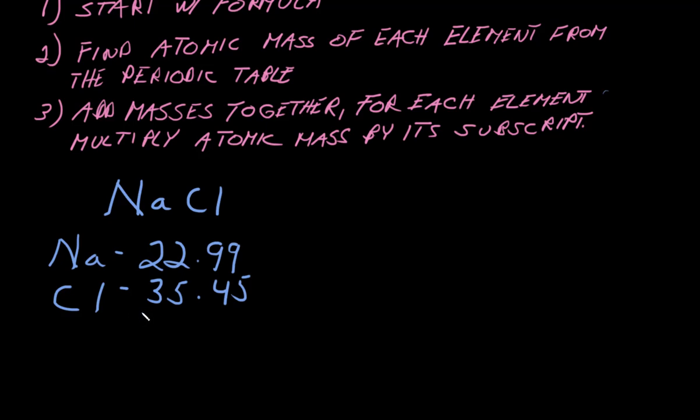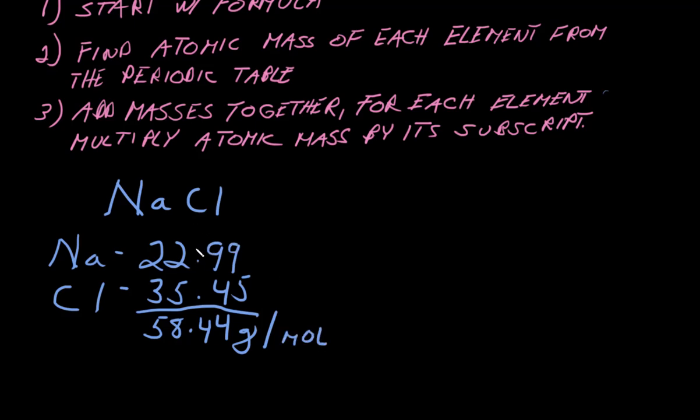So if I were to add those two together, we would get sodium chloride has an atomic mass of 22.99 plus 35.45, and that equals 58.44, and it's going to be grams per mole.